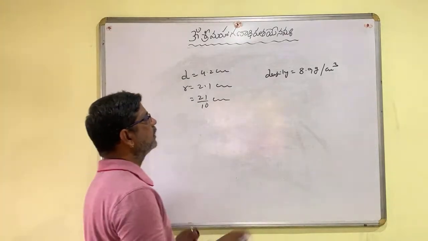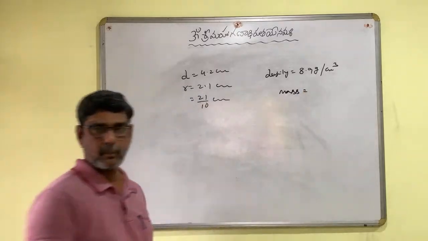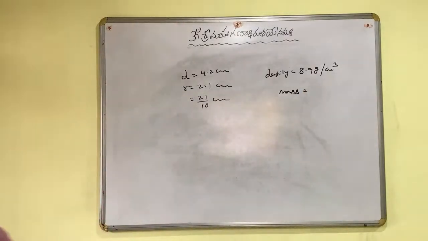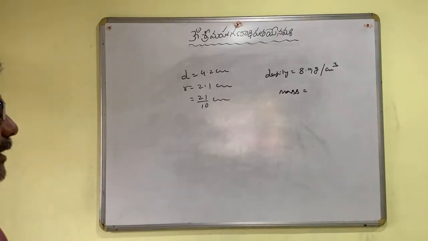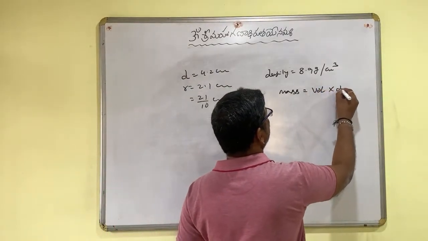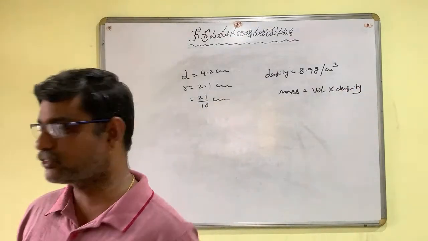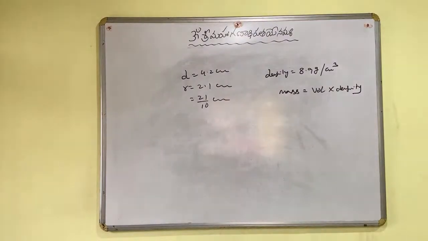He is asking us to find the mass of the ball. We know mass is nothing but volume into density. Physics lo ganandi okasari. Mass is nothing but volume into density.